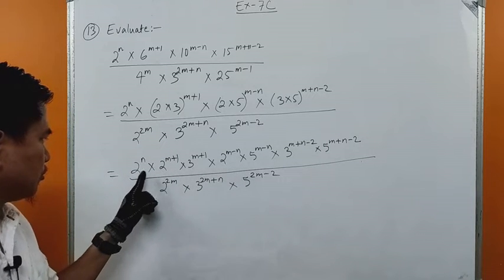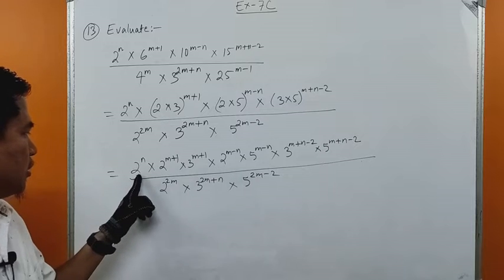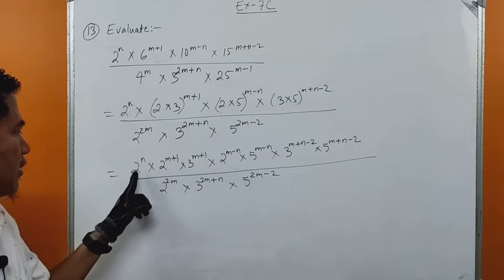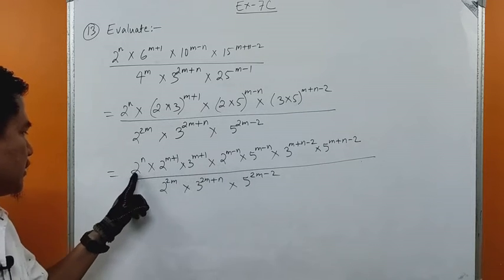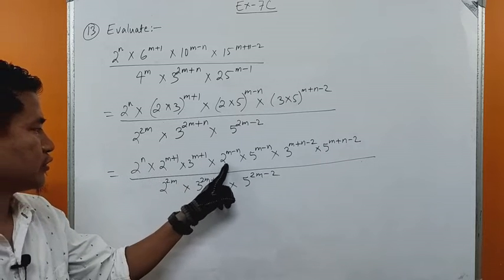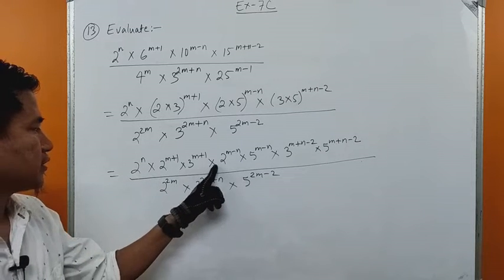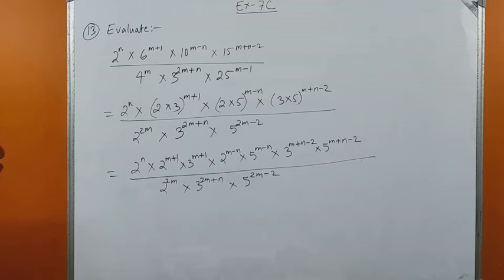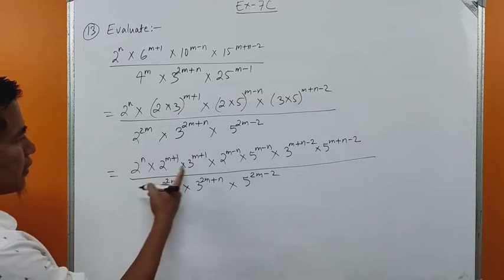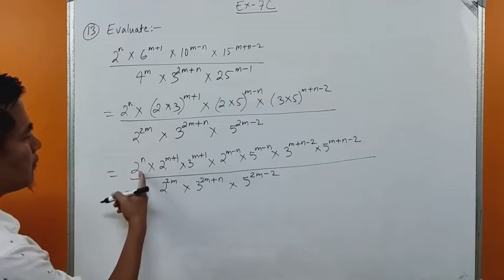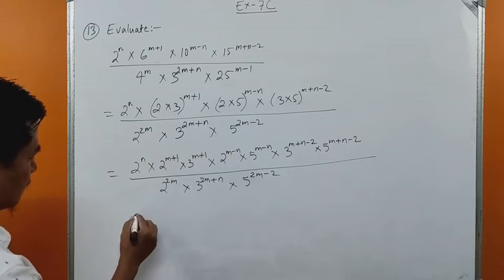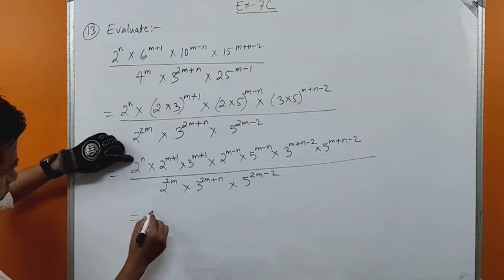These are all 2, with a multiplication sign in between them. When the bases are equal and they are being multiplied, the powers should be added.